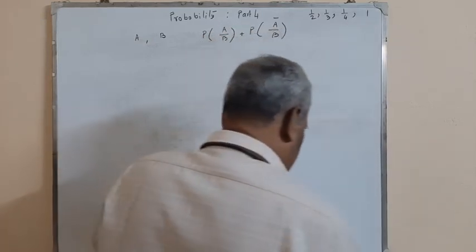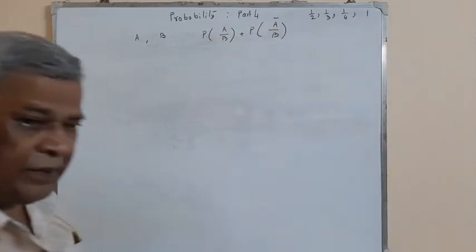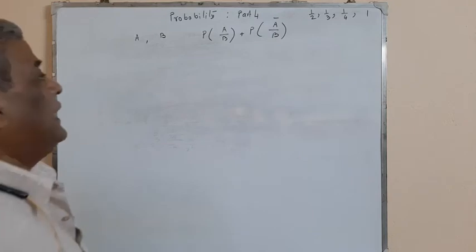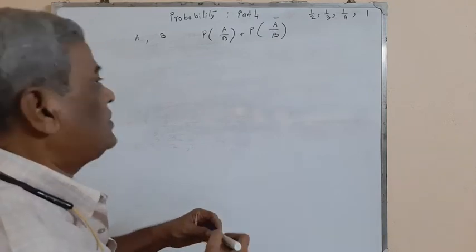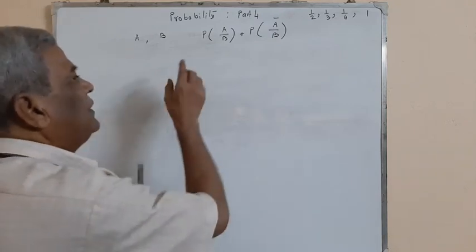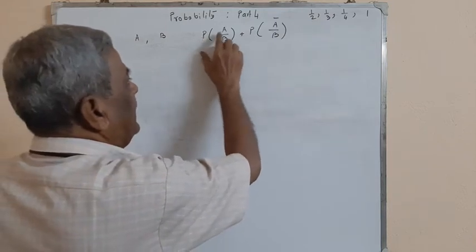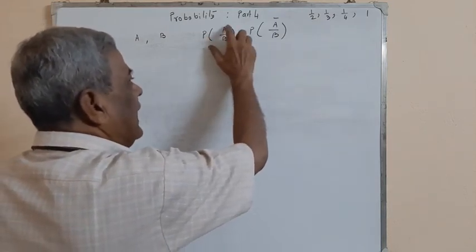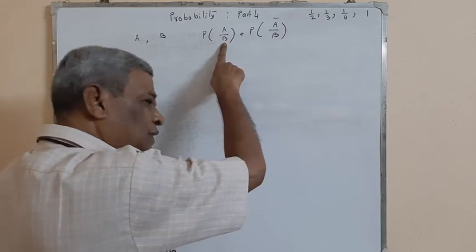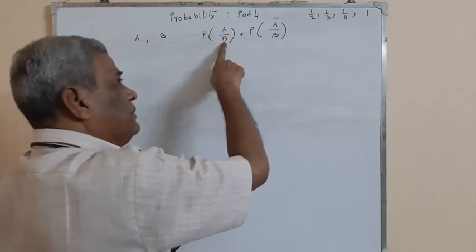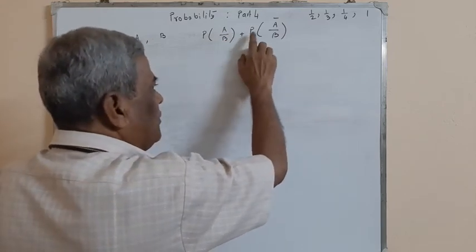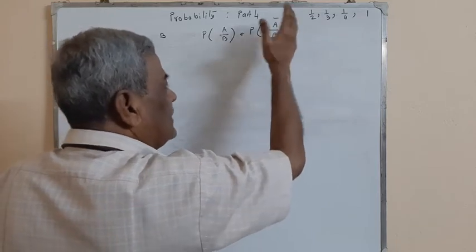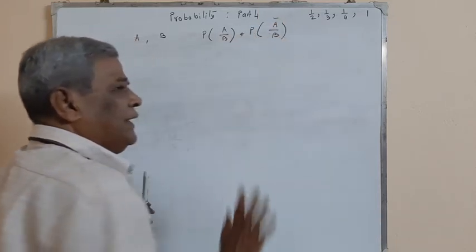Now the problem is very simple. A and B are any two events. We have to find the probability that A happened under the condition that B already happened, plus the probability of A bar under the condition that B already happened.